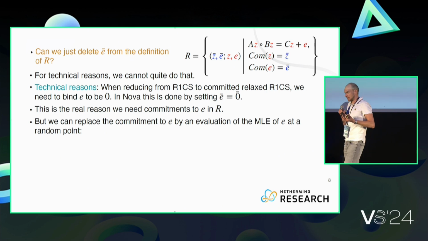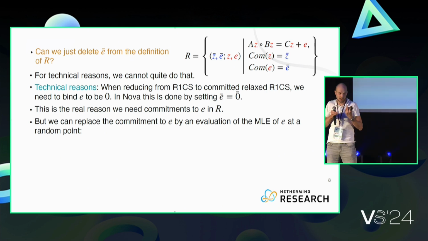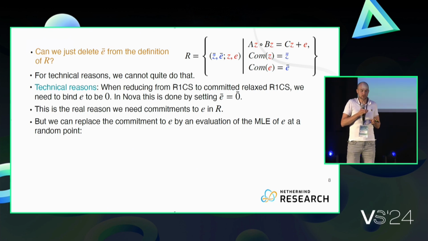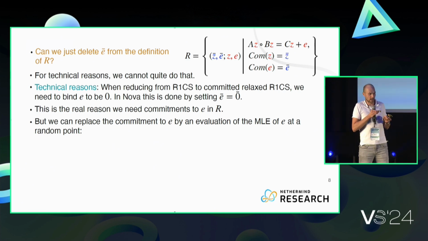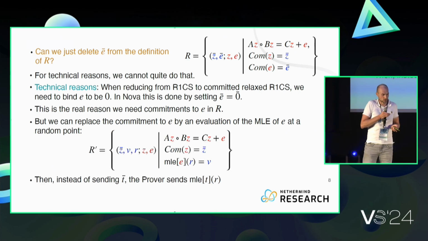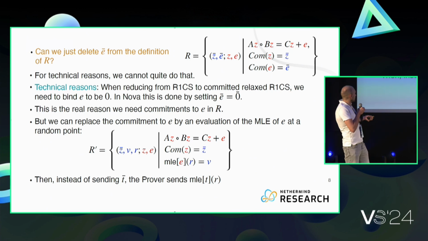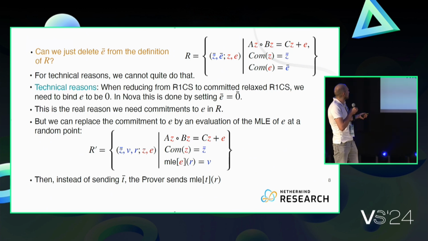But actually, we realized that we can do a trick and replace the commitment to E by an evaluation of the multilinear extension of E at a random point. So what we do is introduce relation R prime that has some additional values V and r.